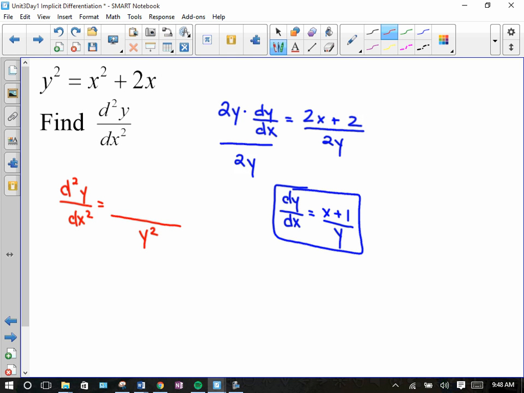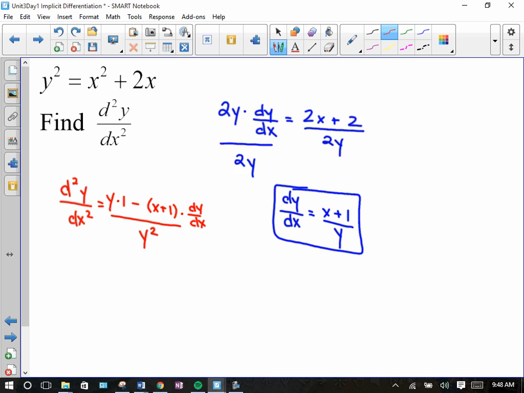So the numerator is going to be v times du, which is 1, minus u times dv, which is dy/dx. Alright.